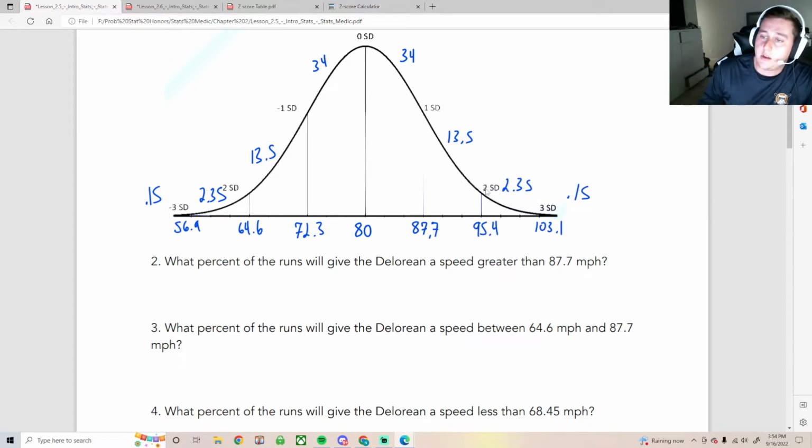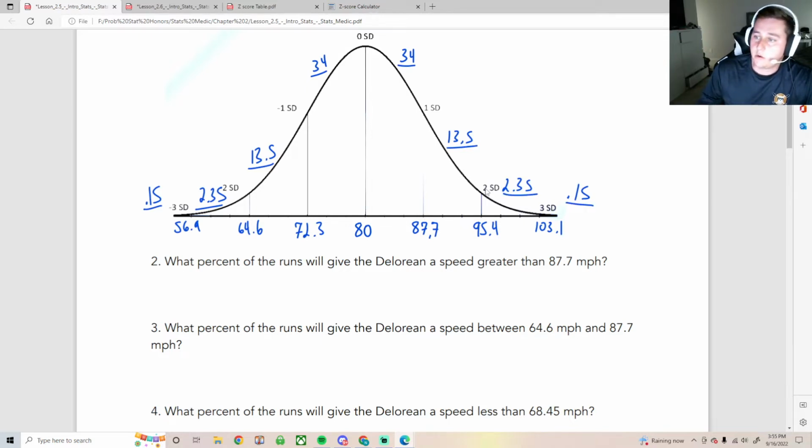Now remember, for all of these, if you really wanted to, you could just plug these into the calculator. I'm going to show you how to do that in the 2.6 lesson, but for now, all we have memorized is the different percentages for each slice, right?